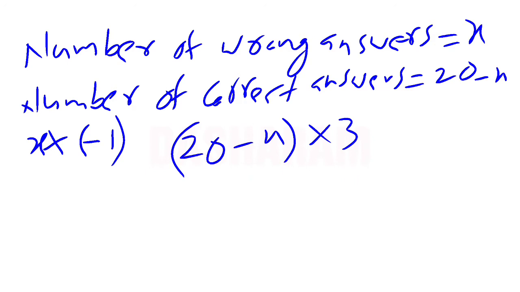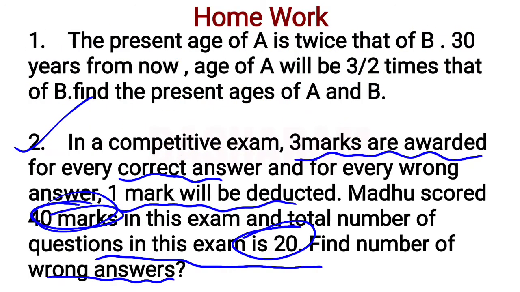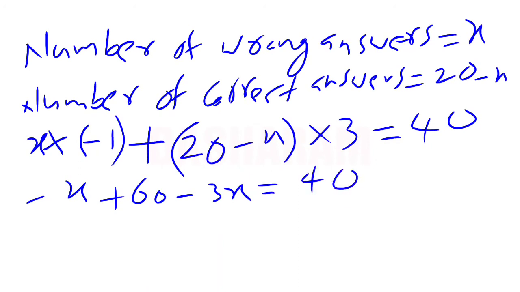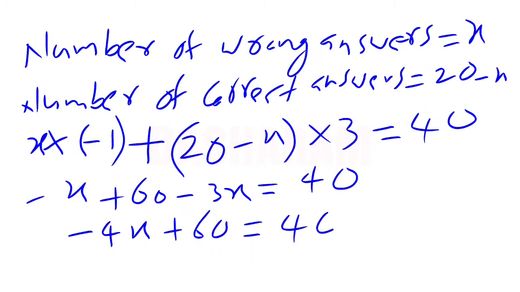Now the wrong answers marks and right answers marks addition equals the total score, 40. So x into minus 1 is minus x, and 3 into 20 is 60, minus 3 into x is 3x, equals 40. Minus x minus 3x is minus 4x plus 60 equals 40.